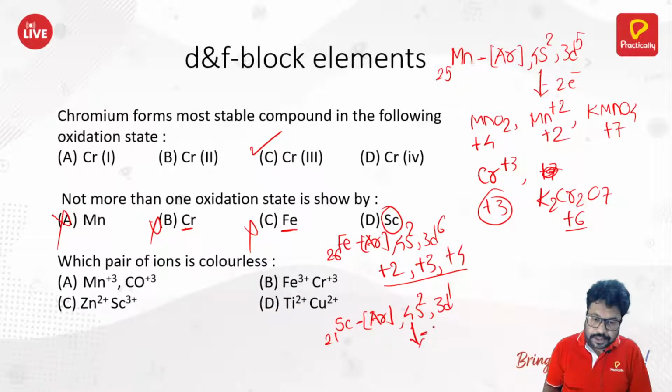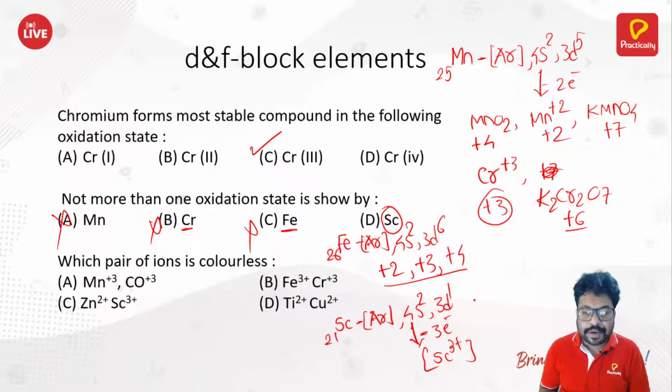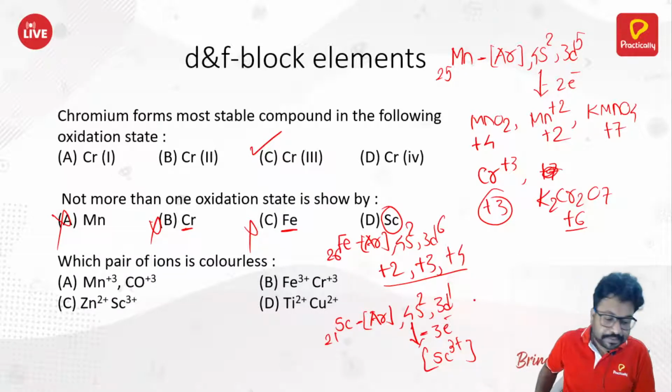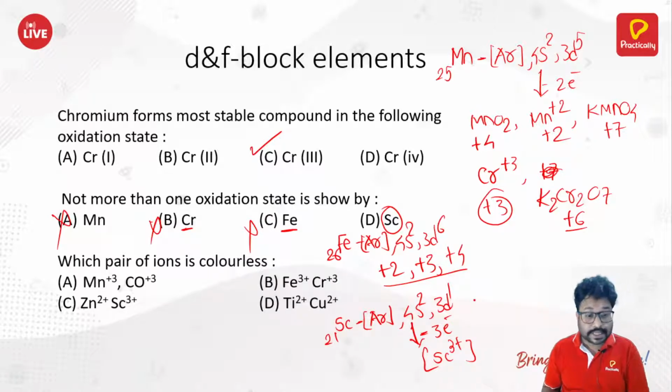Scandium prefers to lose all 3 electrons, and it can exist as scandium +3. Scandium +3 is the only oxidation state of scandium. That is why not more than one oxidation state is shown by scandium, and therefore, scandium is our answer.